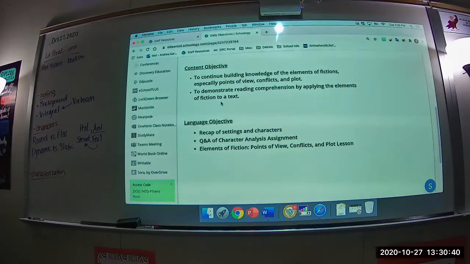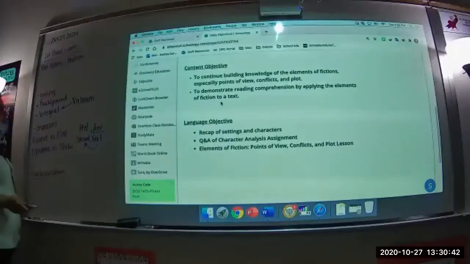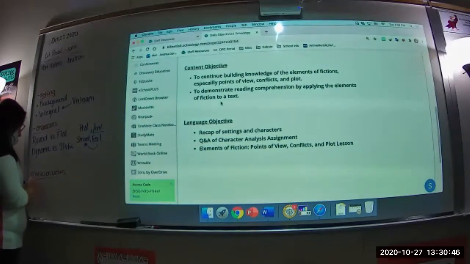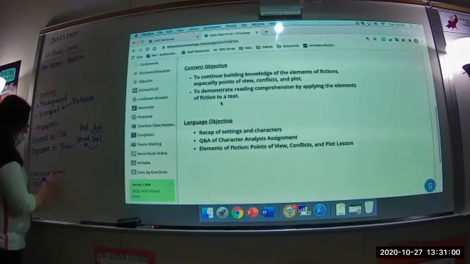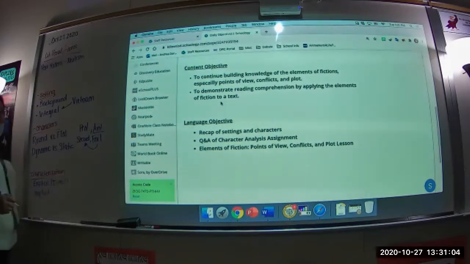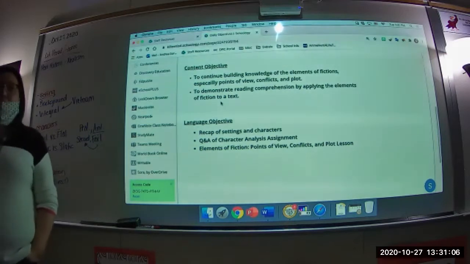Okay. We figure all this out through characterization. There are two types. What are they? Explicit and implicit. And what are the other words for these? Direct. Yeah. So if I do a direct characterization, what am I doing? Yeah, describing them, right?